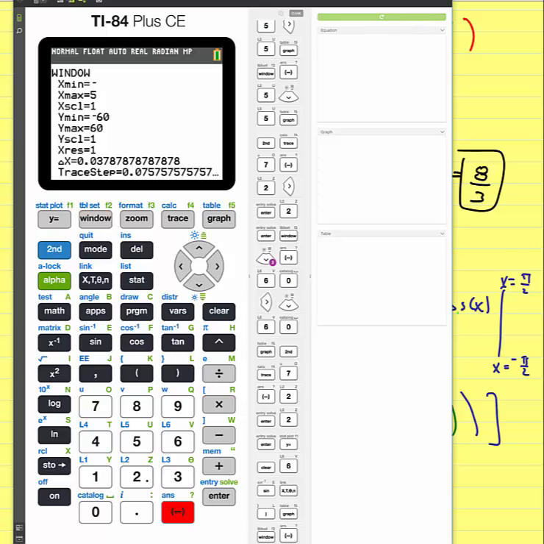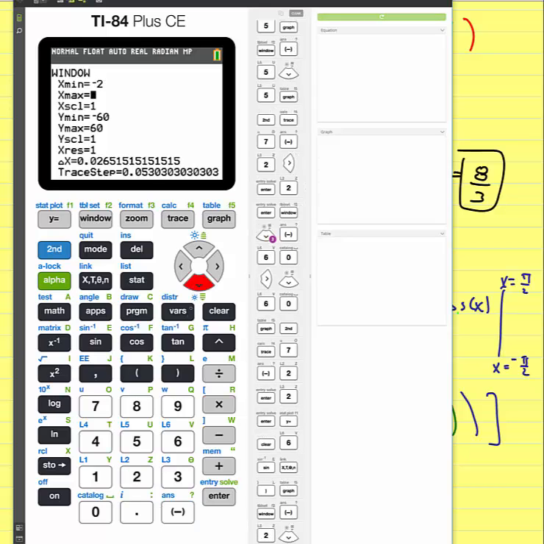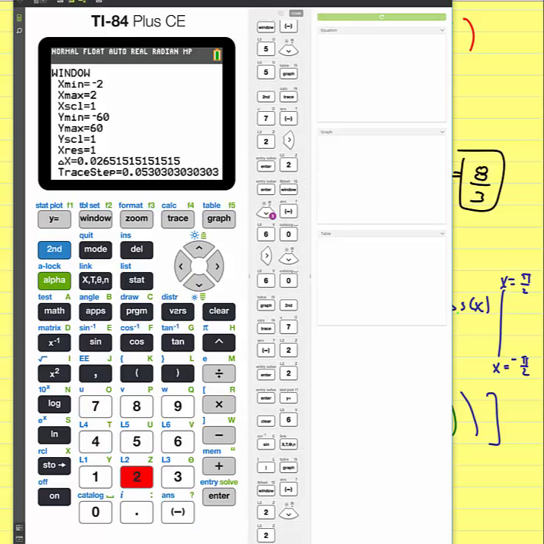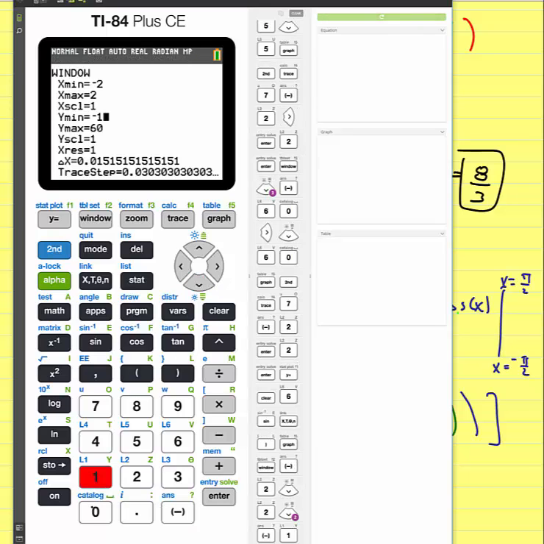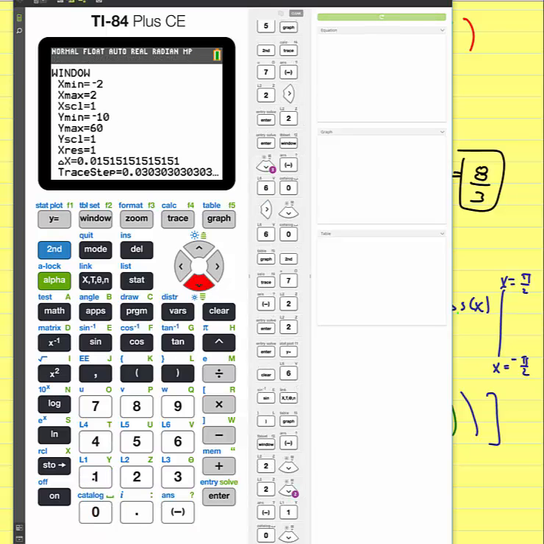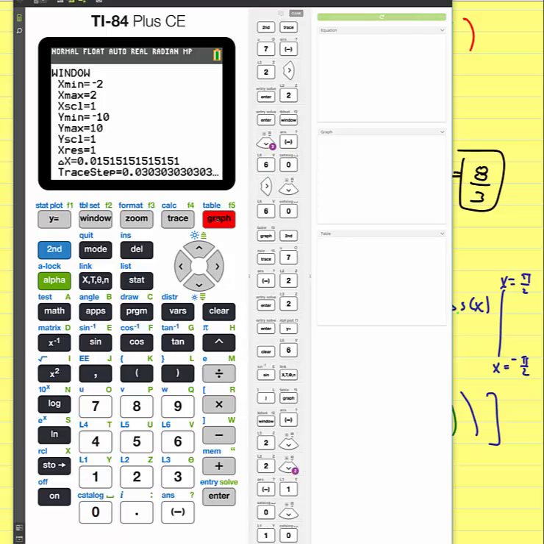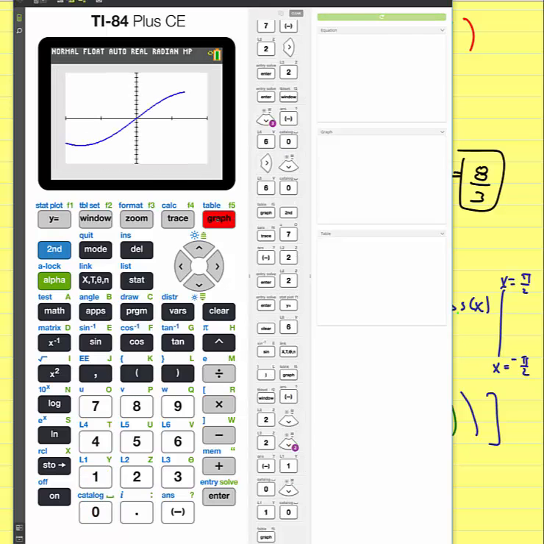So let's go to negative 2 to 2. And then negative 60 to positive 60 seems like quite a bit of overkill. I'm going to go negative 10 to 10 because this graph is stretched by a factor of 6. There you go. So negative pi over 2 to pi over 2 is somewhere right in here. These are in radians, but they're not in multiples of pi type of radians.